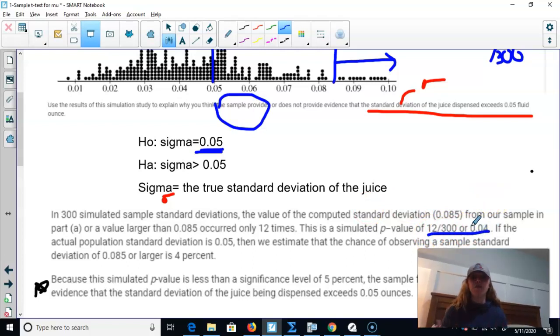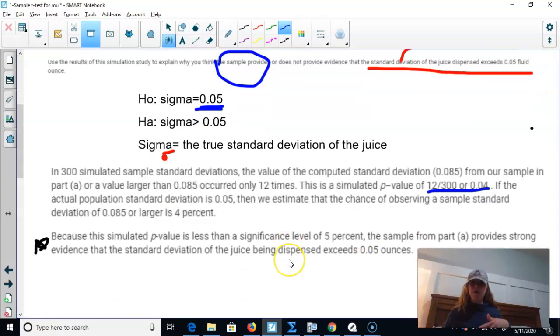So what did the College Board say? They said in 300 simulated sample standard deviations, the value of the computed standard deviation from our sample in part A, or larger than that, occurred 12 times. This is a simulated p-value of 0.04. I'm going to go down to the next one, because the second sentence is redundant, in my opinion.